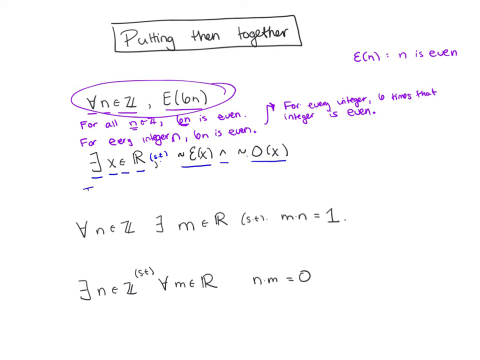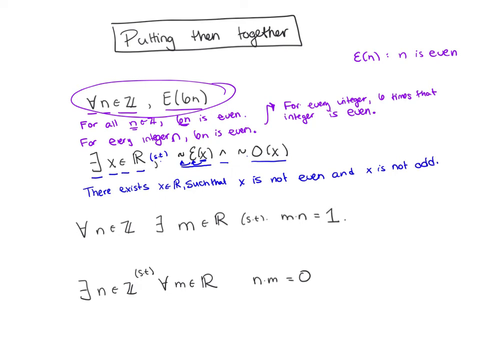So there exists some x in R such that x is even, but then we have a not. So x is not even, and x is not odd.